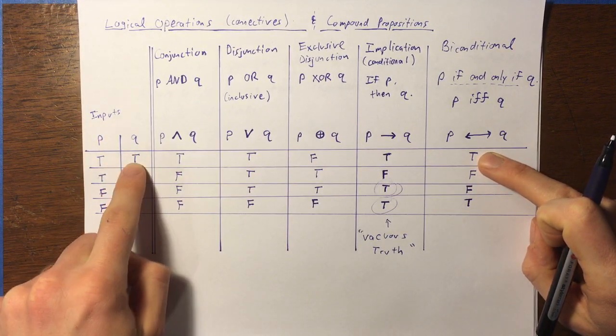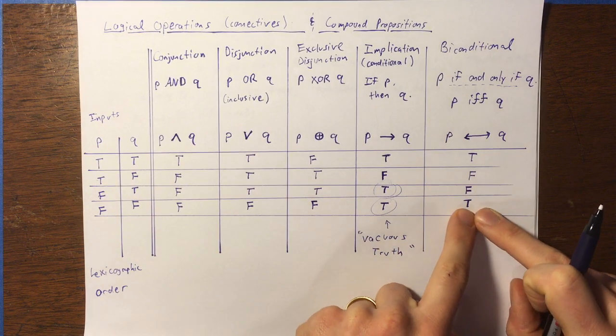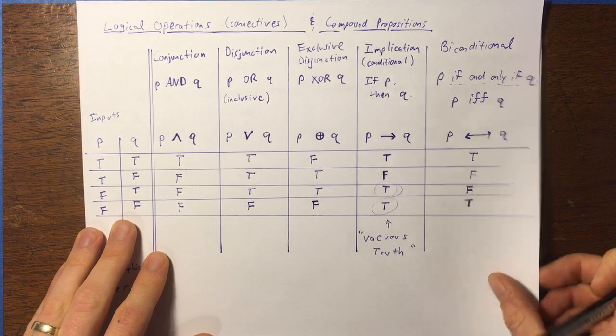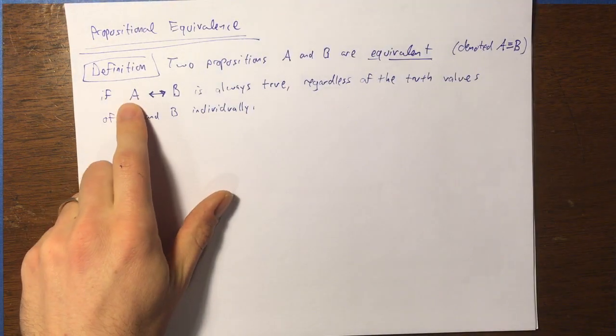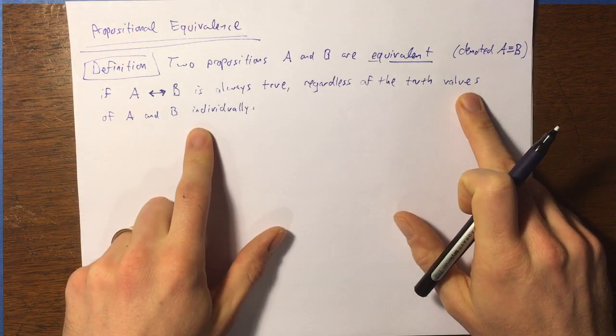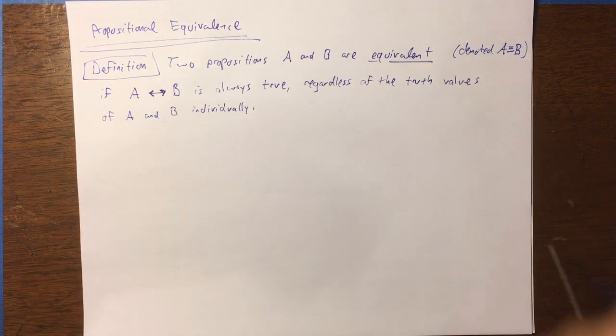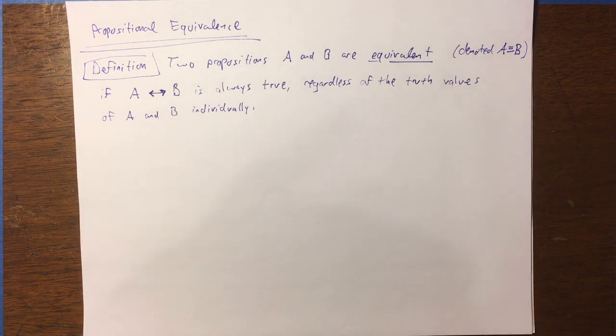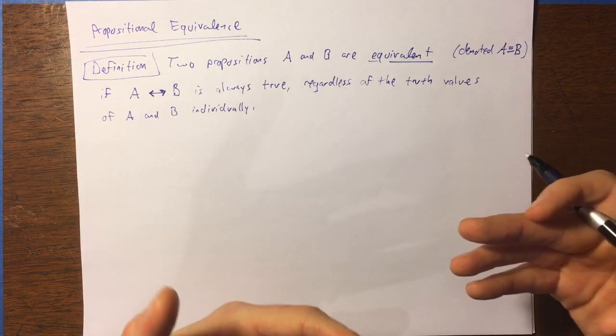So if P and Q are both true, it's true. And the other situation when it's true is when P and Q are both false. So if the biconditional A if and only if B is always true, regardless of the truth values of A and B individually, then it means that A and B must always have the same truth values, either both true or both false. That's what makes them equivalent.